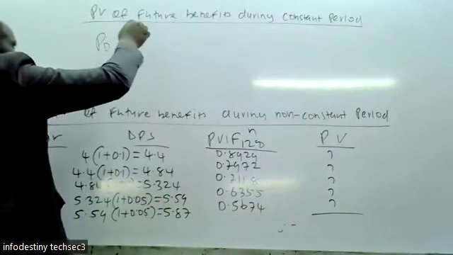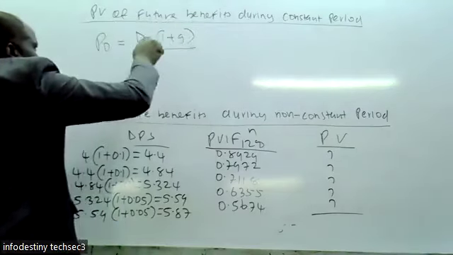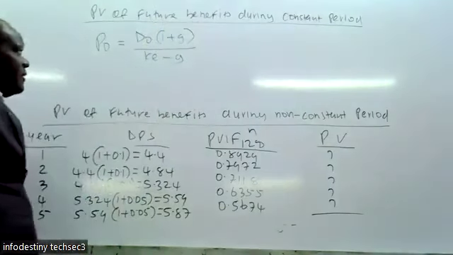During the constant period, P0 should be given by D0(1 plus g) divided by Ke minus g.